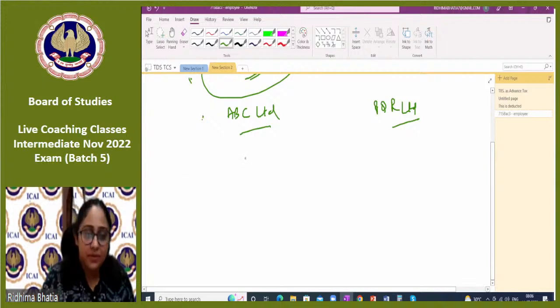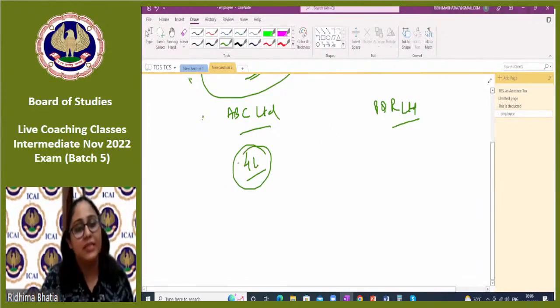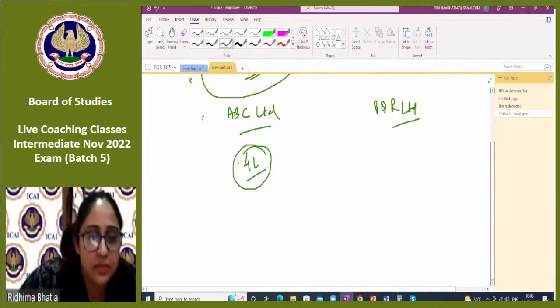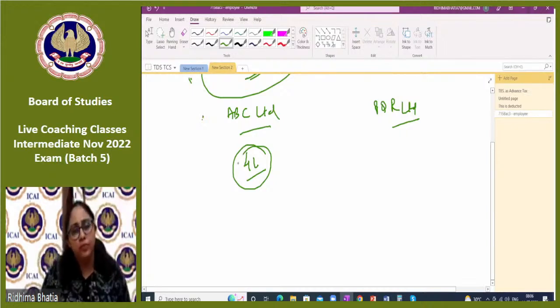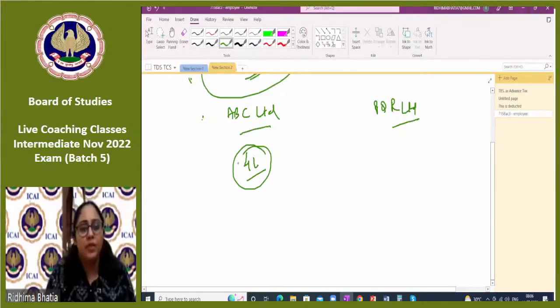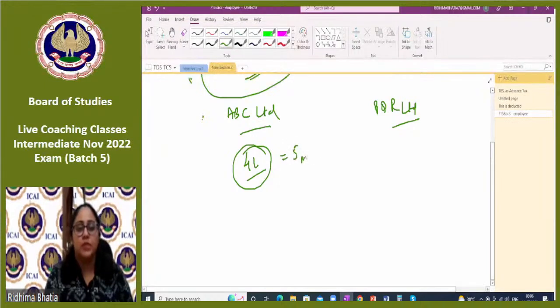With ABC Limited suppose I was on a salary of 4 lakh. ABC Limited must have computed it for the entire year, but once they stop making the salary payment, they stop making the TDS. They deducted the TDS for these 5 months, roughly 20,000 for the 5-month salary.